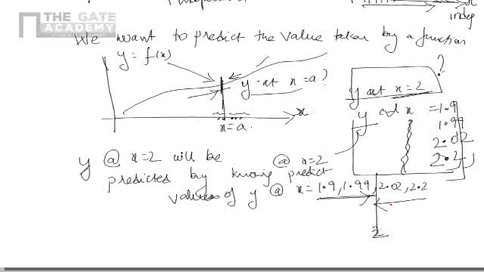So what I am trying to say is, the value taken by the function closes on to 2 here. Say for example, here in this graph I travel like this, I travel like this, and I tend to close at this point. So the value of y at x equal to 2 closes at this point. It is converging at this point.